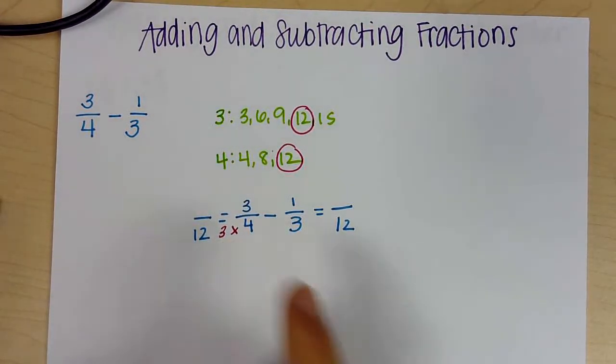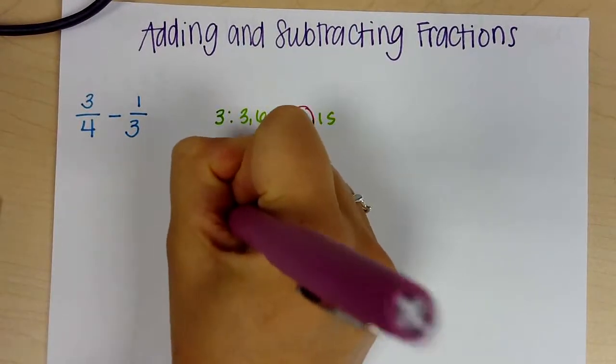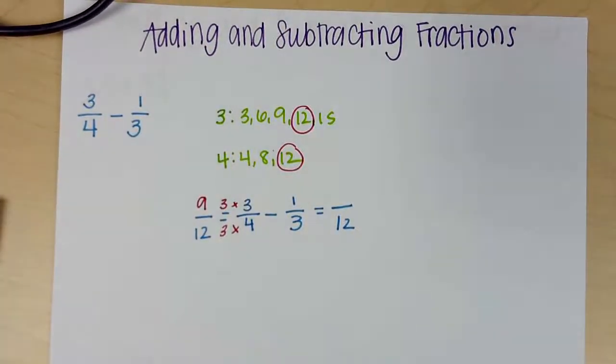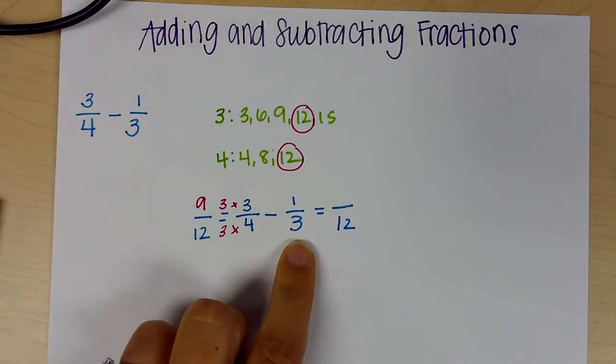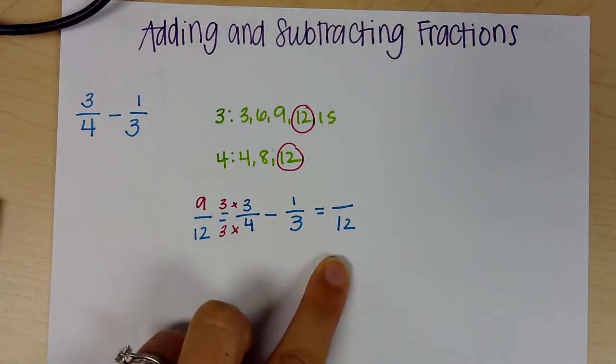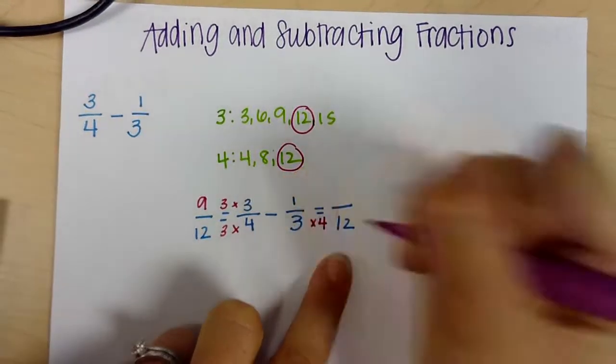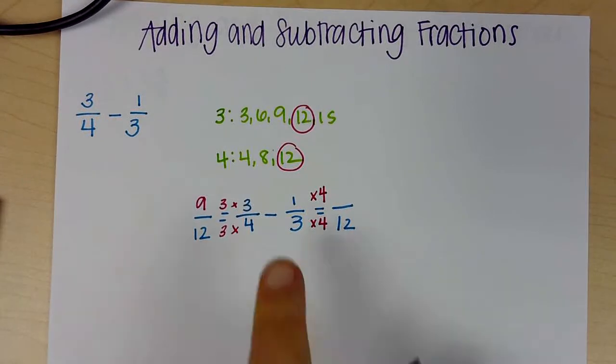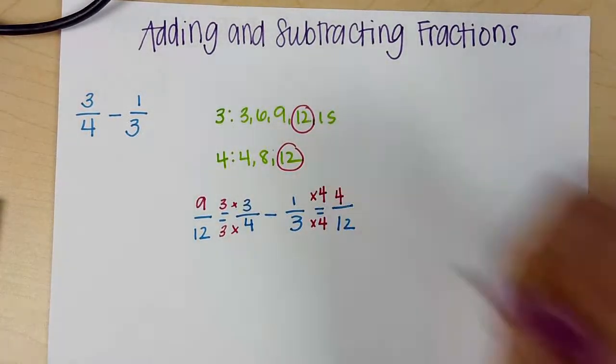Because I multiply my denominator by 3, I will multiply my numerator by 3. 3 times 3 is 9. Over here, I multiply my denominator 3 by 4 to get 12. Because I do that on the bottom, I do that on the top as well. 1 times 4 is 4.